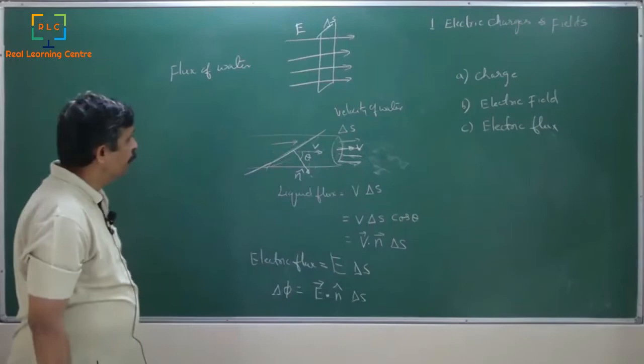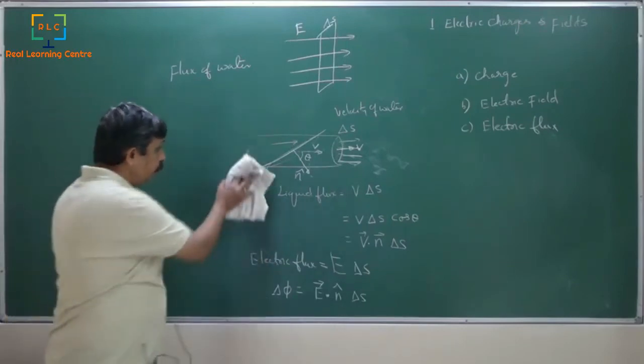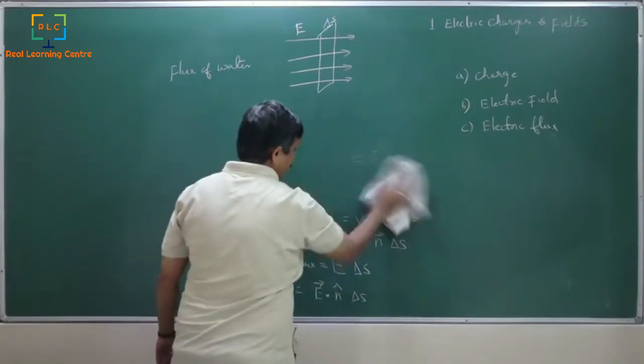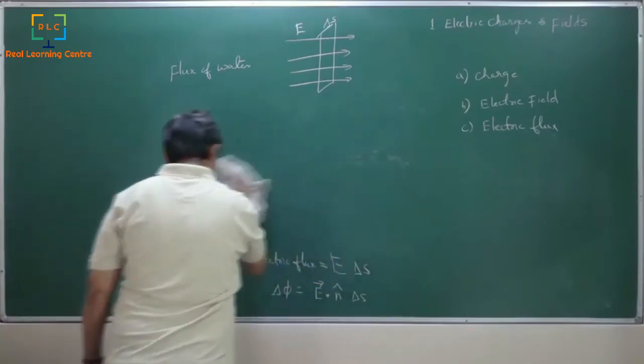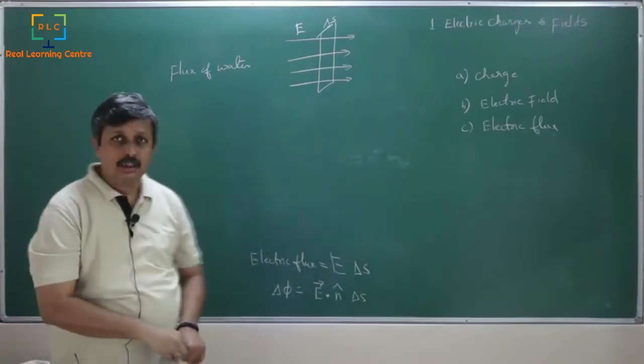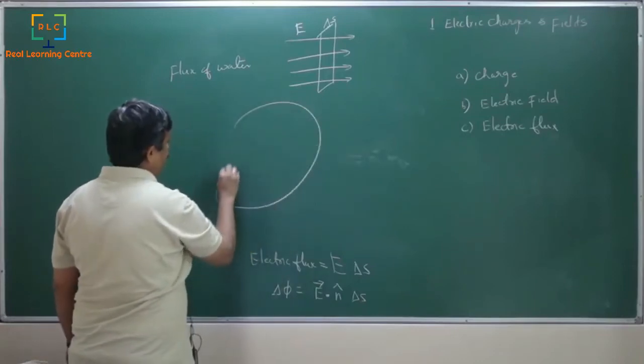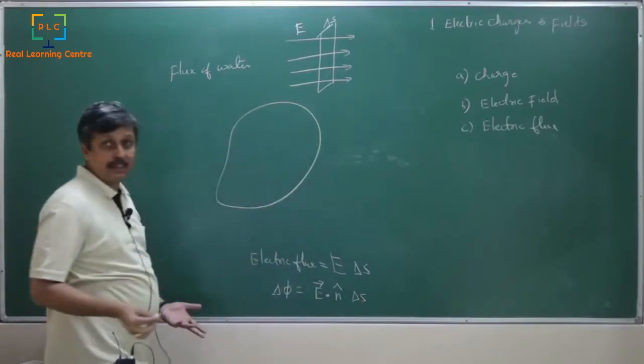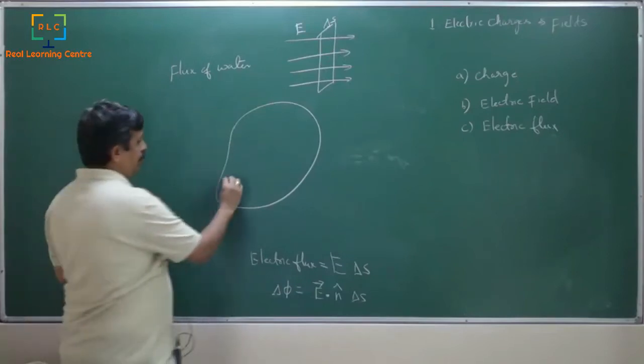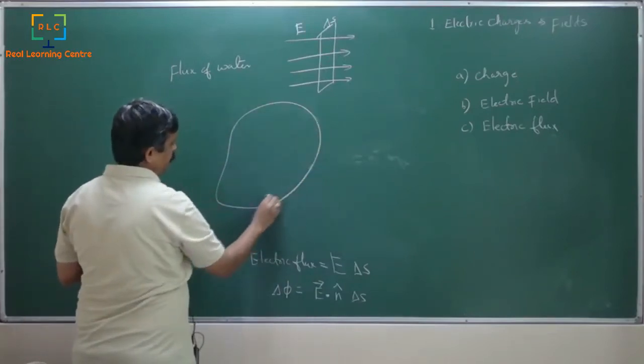Now the way we understand this electric flux is, suppose you have some closed surface, a closed volume. This is my closed volume. It need not be spherical, it can be some other shape.